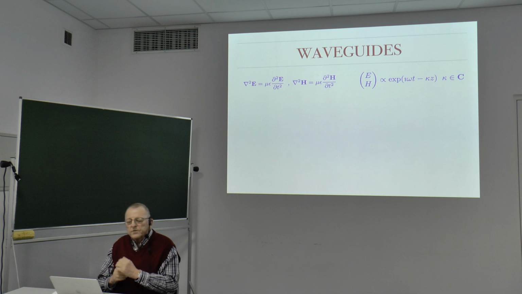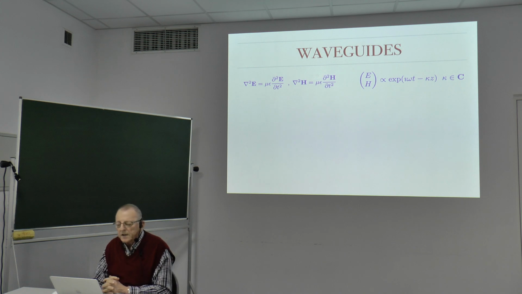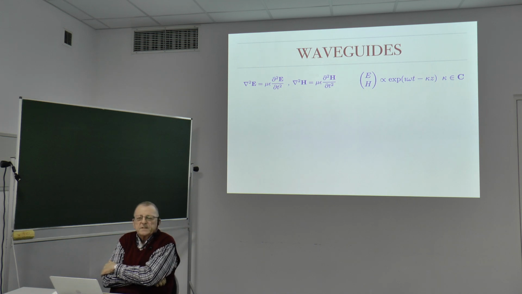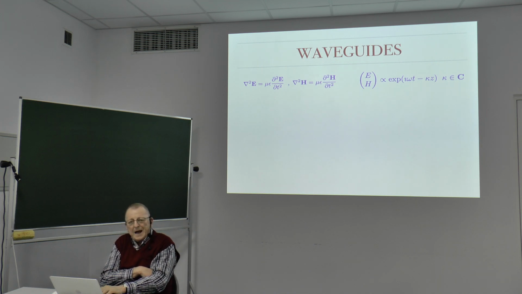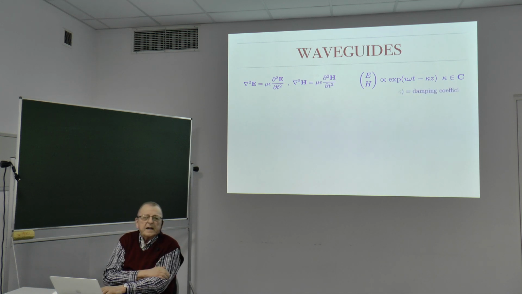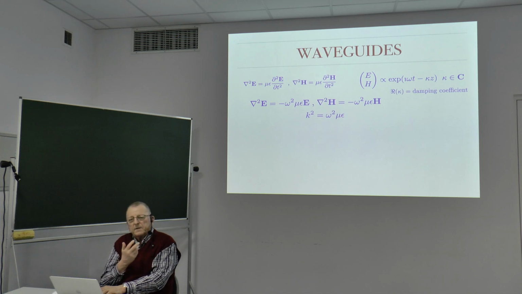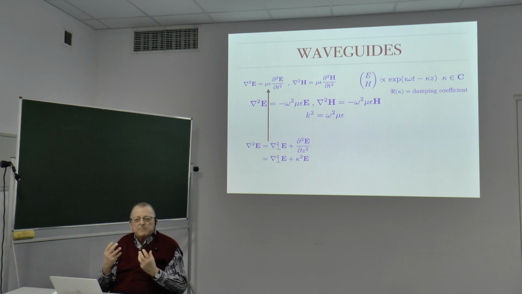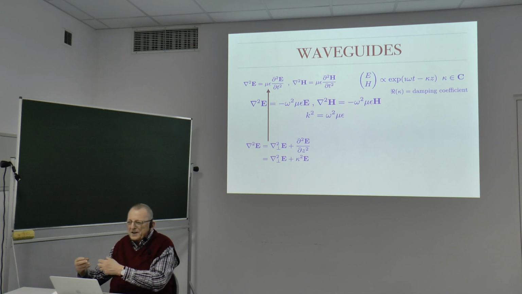We are looking for solutions of the wave equations, assuming that both electric and magnetic fields are harmonic in time, oscillating, and have a z dependence, which I have written here as kappa times z. Now, of course, kappa is a complex number. The difference from our previous analysis is that now I will look at what happens when this coefficient kappa is complex. If it's a complex number, then it has a real and an imaginary part.